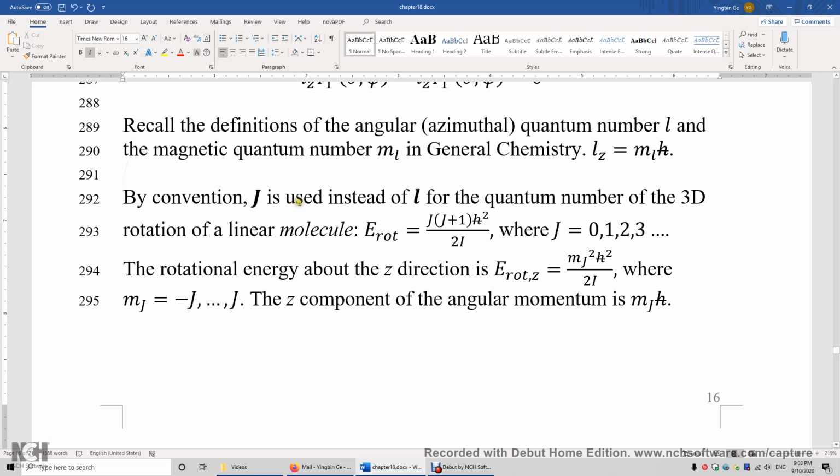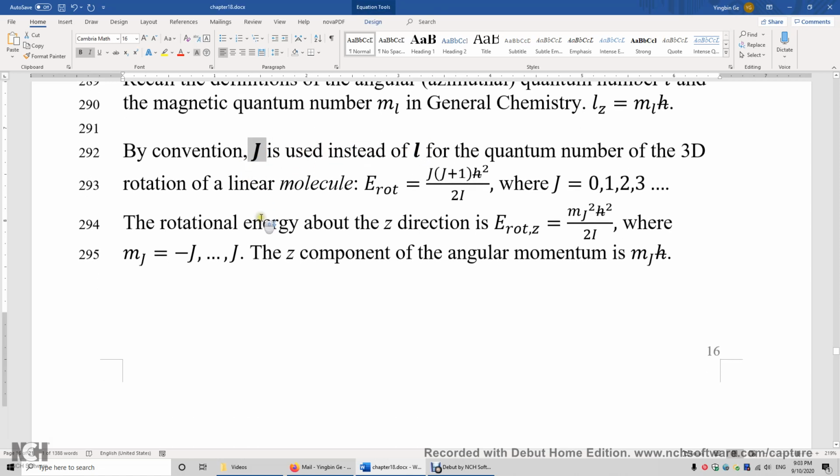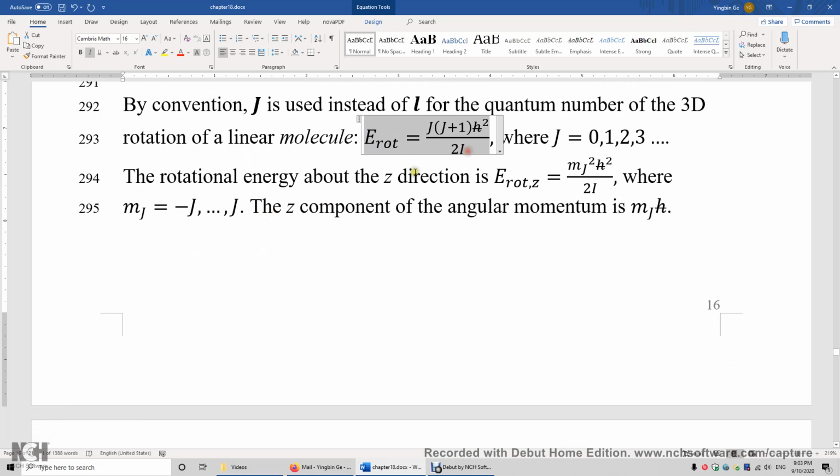We'll get similar eigenfunctions and a similar expression for the rotational energy and angular momentum. There's only one difference. By convention, for molecules, we do not use quantum number L. We use quantum number J.